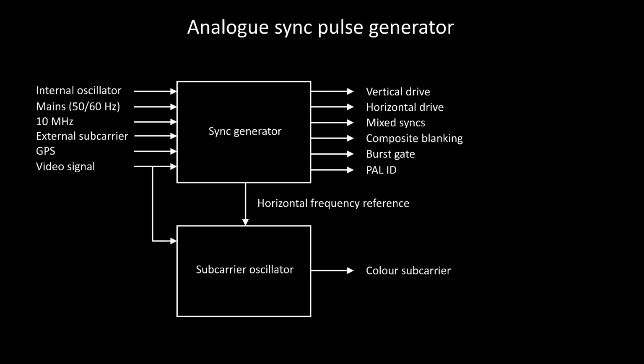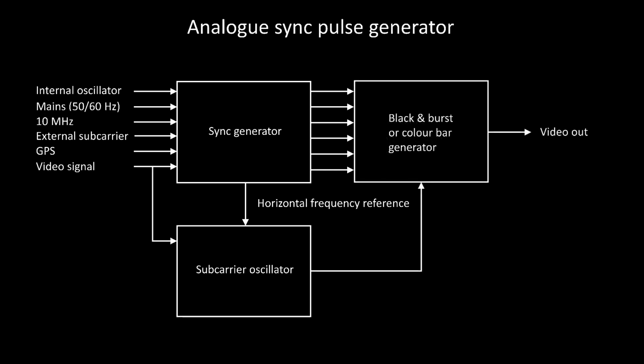For an SPG synchronized to an external video signal, the subcarrier oscillator must phase lock itself to the color burst of that signal. Now, having generated all of these signals, what to do with them? Well, generate a video signal, of course. Virtually all SPGs will have some kind of internal video signal generator which makes use of all of the signals that we have just talked about.